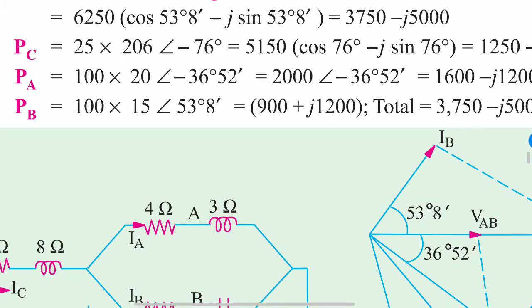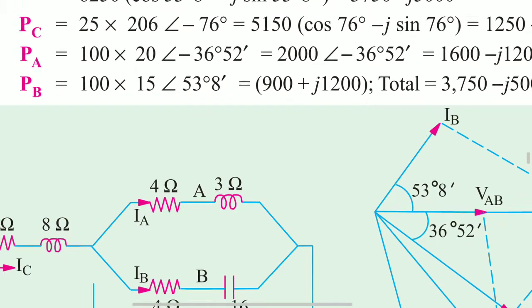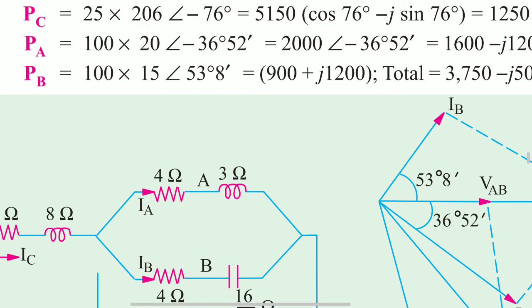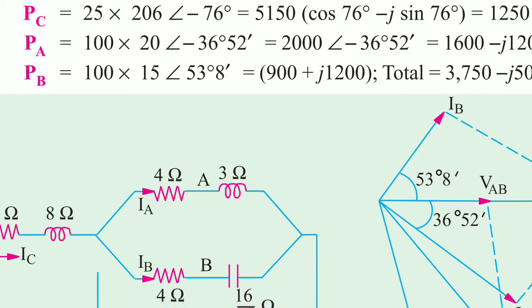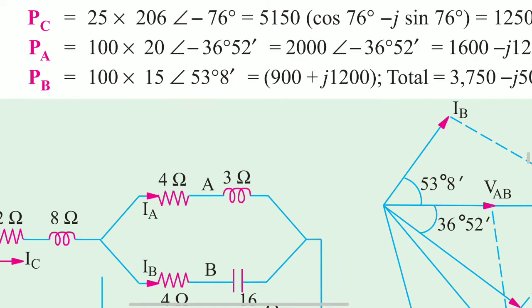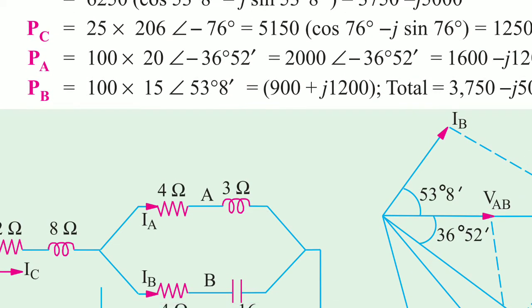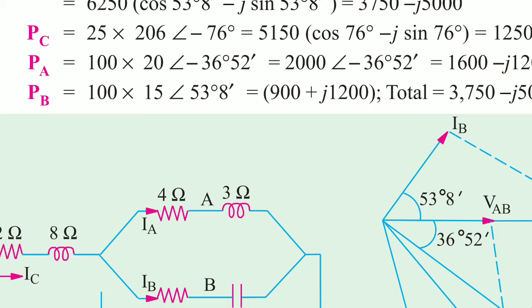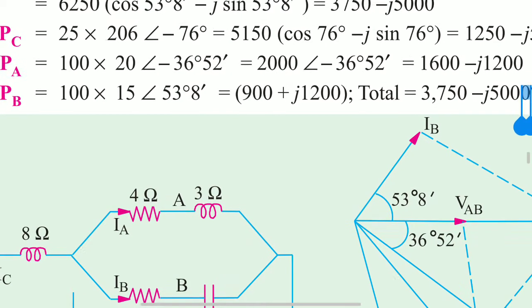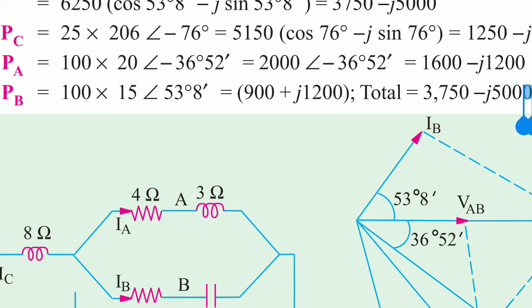Now in branch B, the power is voltage into current. Voltage is 100 angle of 0 degrees, multiplied with the current 15 angle of 53 degrees 8 minutes, that is equal to 900 plus j 1200.